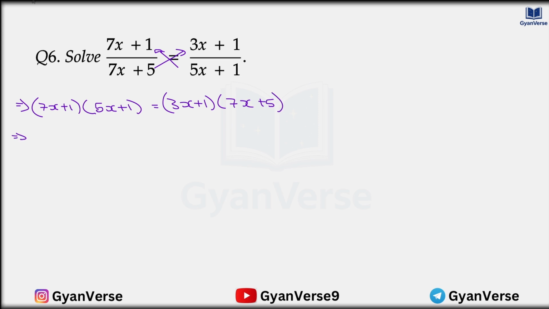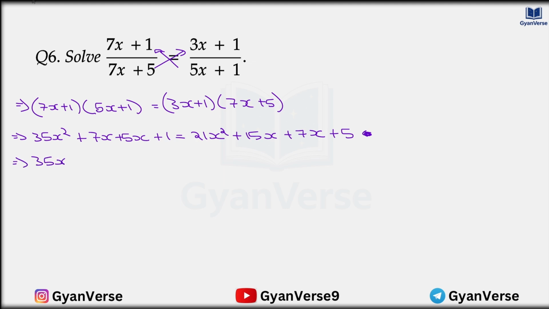So 7x will be multiplied by 5x. It will be 35x square, 7x plus 5x plus 1 equals to 21x square plus 15x plus 7x plus 5. I will bring this 21x square to the left hand side.